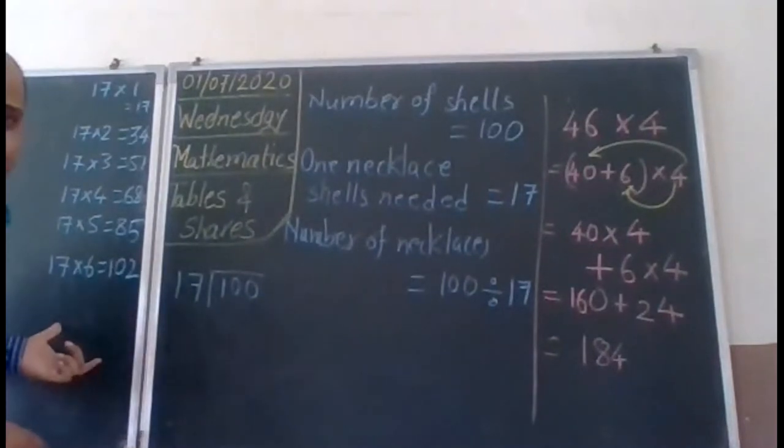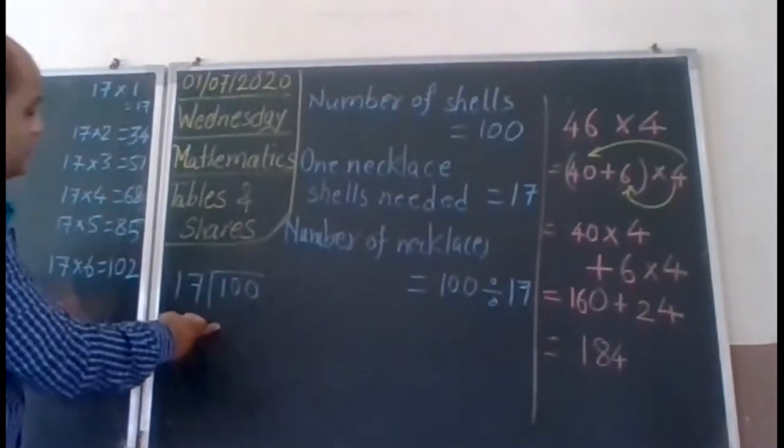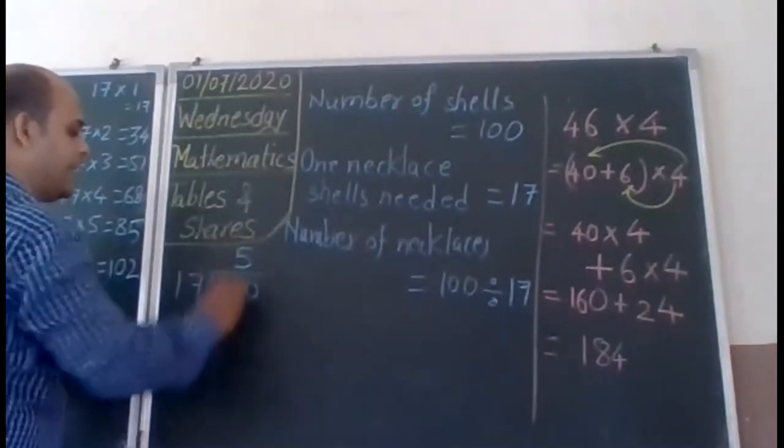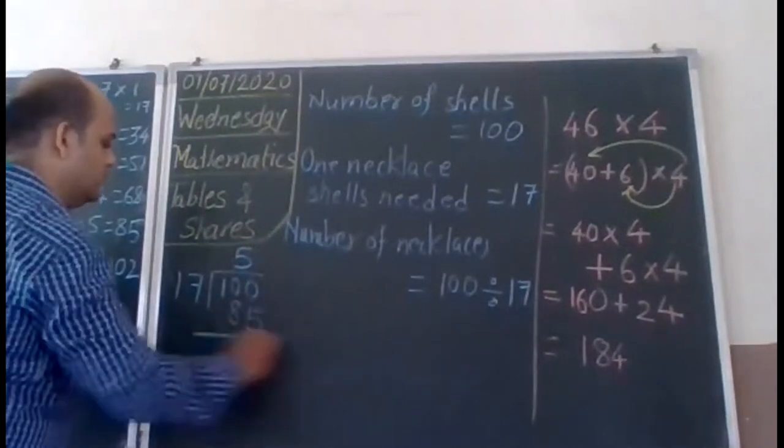So do we have 102? No. We have only 100. So 17 fives are 85.